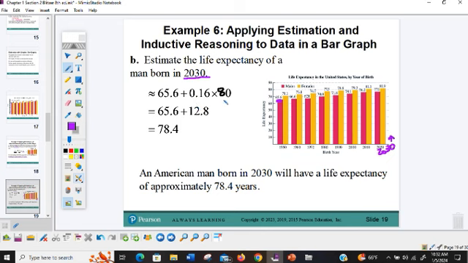So they did 0.16 times 80. You get 12.8. Add that to your 65.6 because this is how much it's increased, and the answer would be 78.4. That would be the approximate life expectancy for a man who was born in 2030.